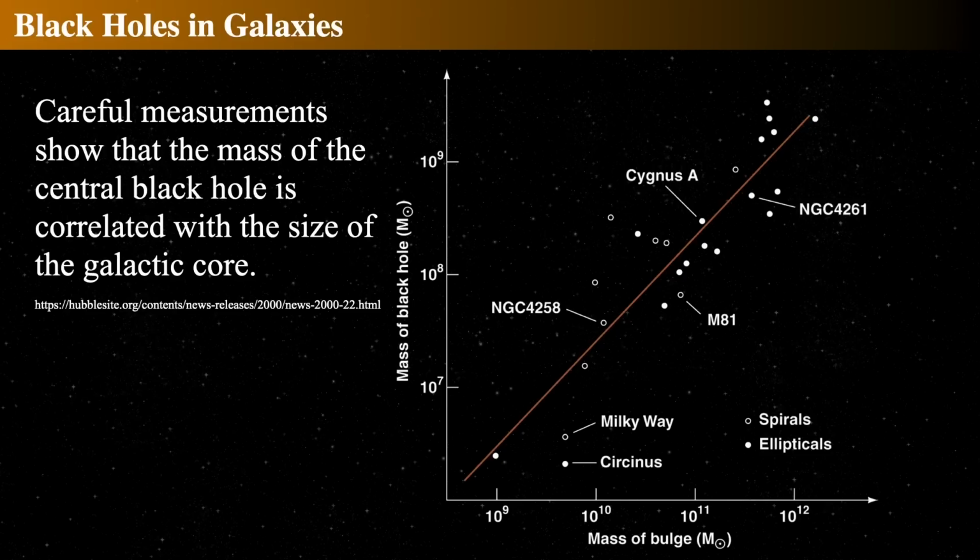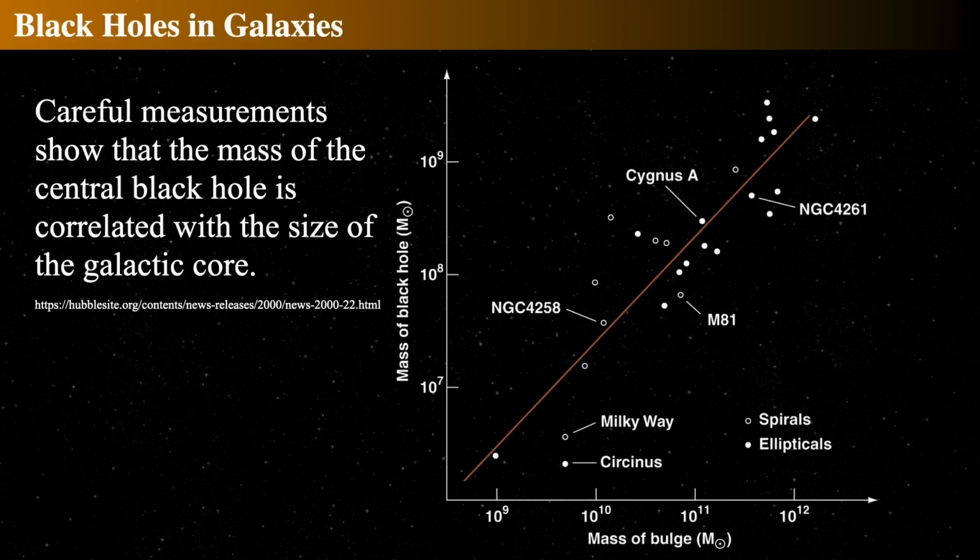But not giant-sized. The difference in size between them will be maybe 100 times. But the bigger the city, the bigger the person at the center of the city. And there's a direct correlation between the two of them, which is very interesting. So that tells us something about the evolution of galaxies and black holes in them.